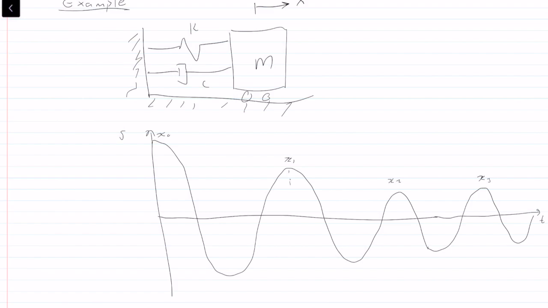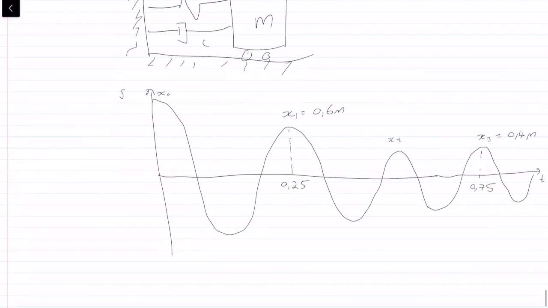We've been given two timestamps, t1 is 0.25 seconds, and t3 is at 0.75 seconds. We also know that x1 is equal to 0.6 meters, and x3 is equal to 0.4 meters.